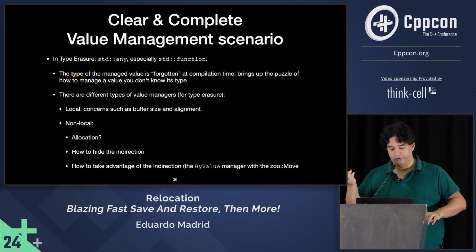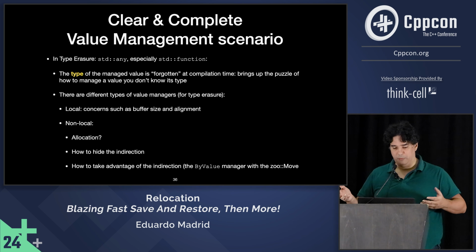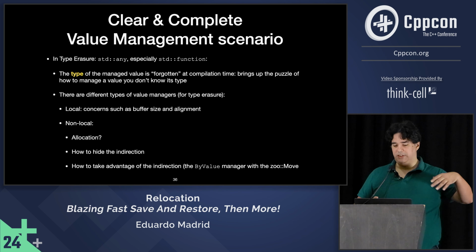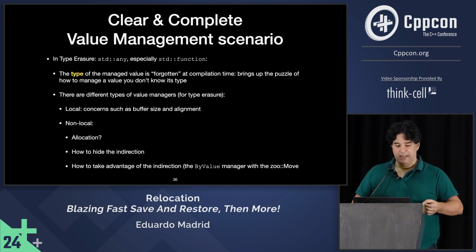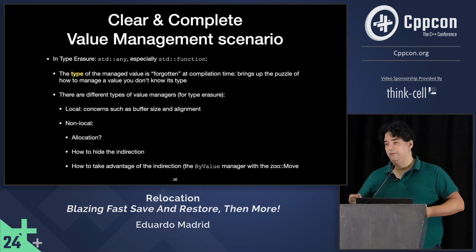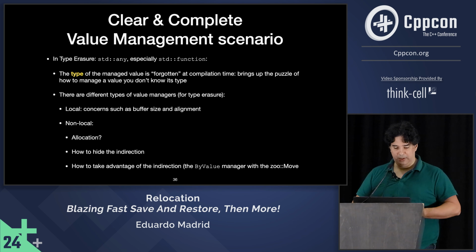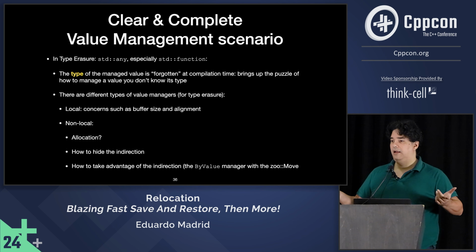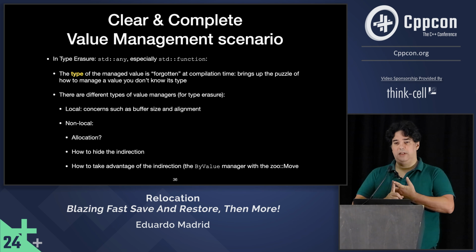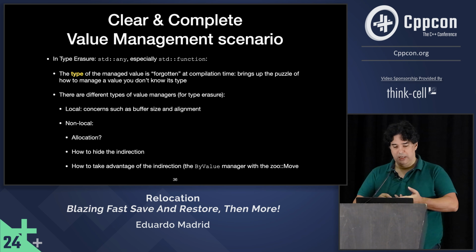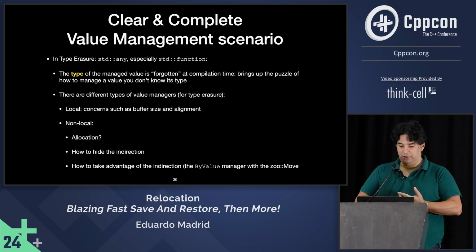I think that this is a concern of value management that is quite important, and it has two concerns of its own, which is the buffer size and the alignment. If it is not going to be local, you're going to allocate something on the heap, then what are the choices, strategies for the allocation that you want to have? How are you going to hide the indirection?